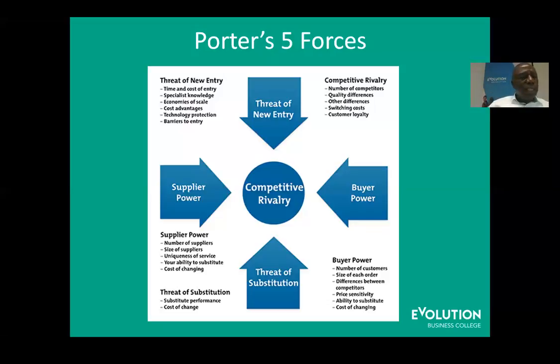For instance, when I caught the train this morning, we as consumers do not have power to change or give ideas to Railcorp. They have a monopoly. They're the only ones. So if we need to come to work, we have to wait for that train. They can tell us tomorrow the tickets have gone up by 10%. We can't boycott because it will be at our own peril. We have nowhere else to go.